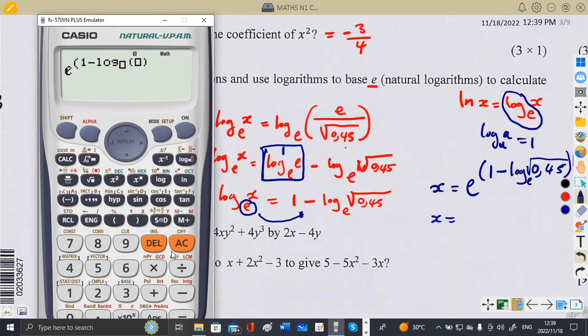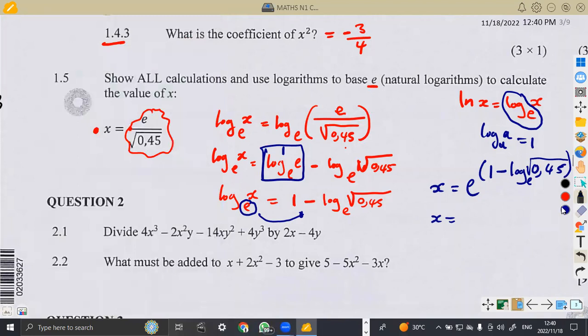So we've got this part here, remembering that we are in base e, everything here, the square root of 0.45, so that's 0.45 under the square root like that. And we need to close the outer bracket like this, and this gives us a result of 4.052. Okay, so that's 4.052.